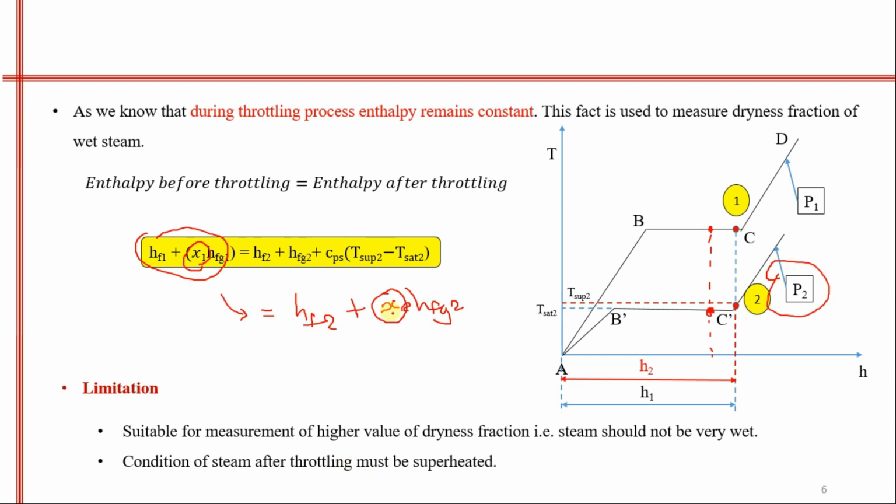This can also be explained using these expressions. If the steam is superheated, there will be no other dryness fraction term inside the equation, only a single dryness fraction term, so it will be easy to solve. If it falls into the wet region, there will be another dryness fraction term, so it will be difficult to solve this expression and find the dryness fraction.